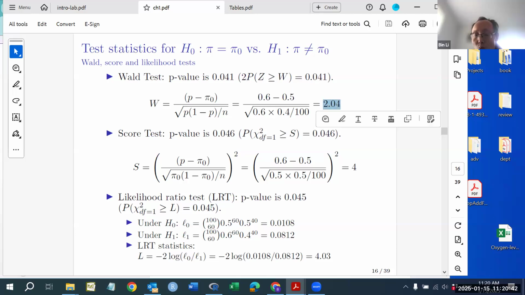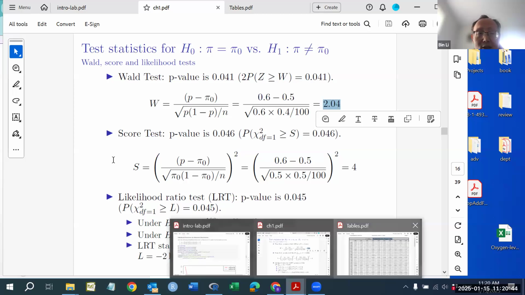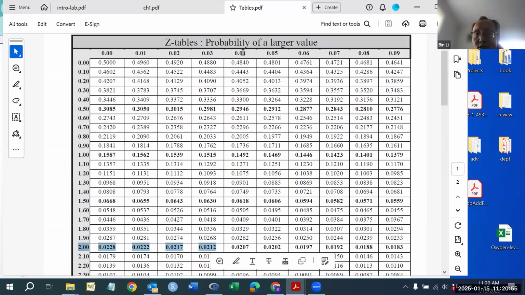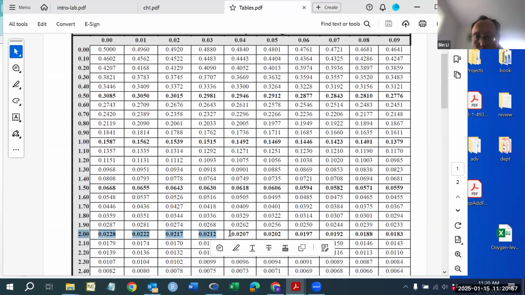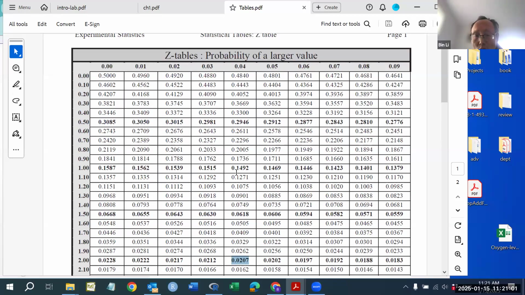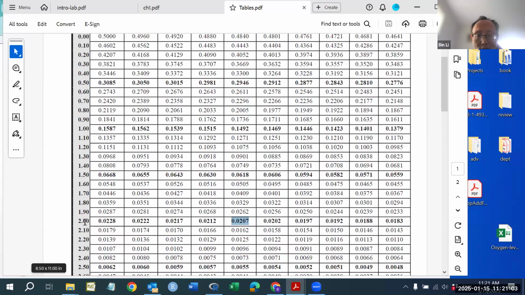So what is the p-value? You move to the row 2.00, and then you move to the column 0.04. This corresponds to 0.04, and this is 2.0. So this is 2.04.